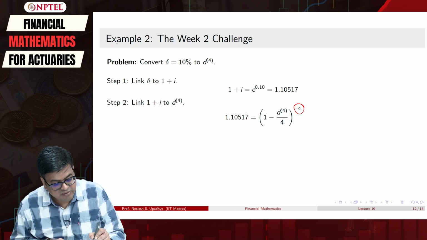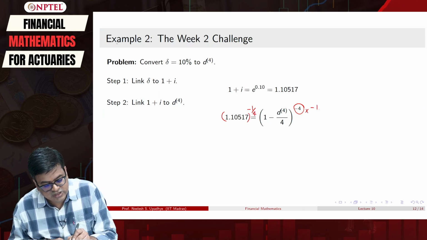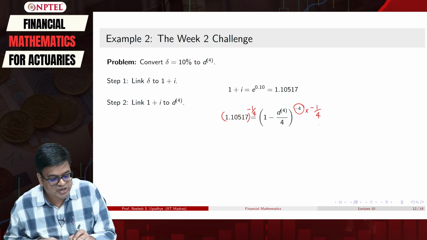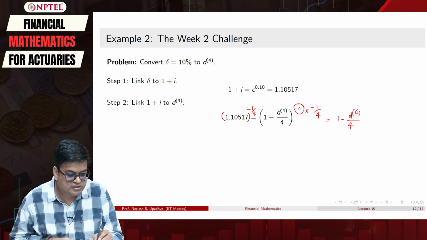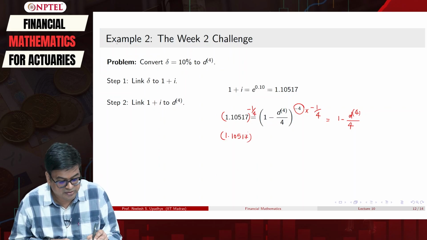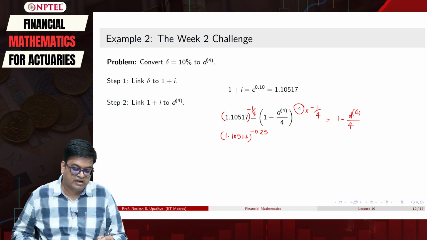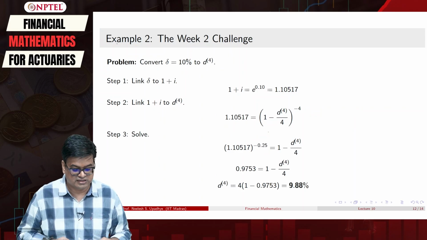So, you will multiply by this number raised to the power minus 1 by 4, and that will give me, if I multiply both sides by minus 1 by 4, 1 minus d4 by 4 is equal to this, which means I have to take 1.10517 raised to minus 0.25, which can be done on a calculator.